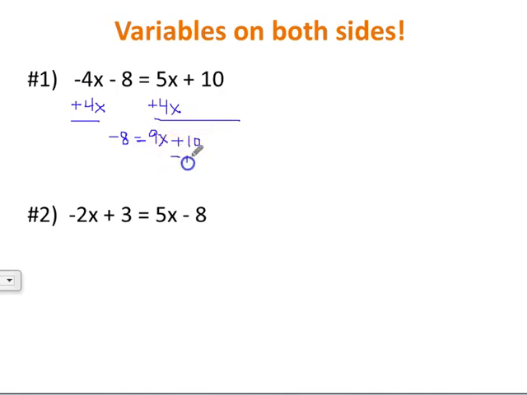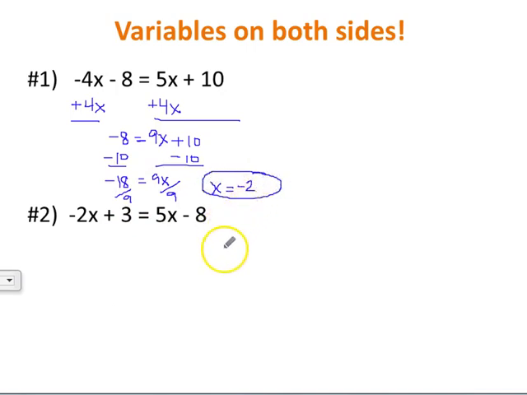So now I just need to subtract 10 from both sides so that my x terms are on one side and my constants are on the other side. So now I've got 9x equals negative 18. Now we're just going to solve for x. So x, to solve for it, I'm going to divide each side by 9, and negative 18 divided by positive 9 is negative 2.